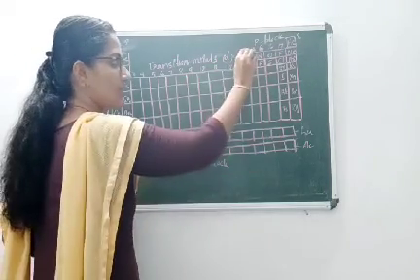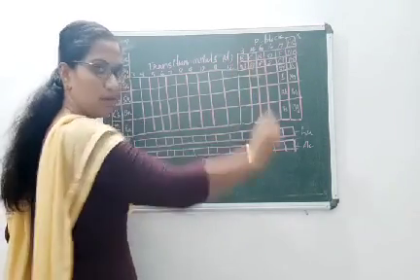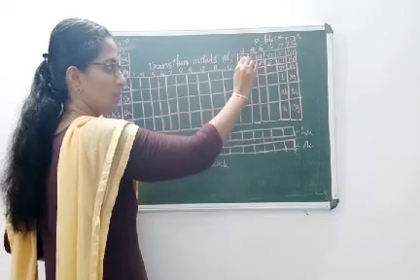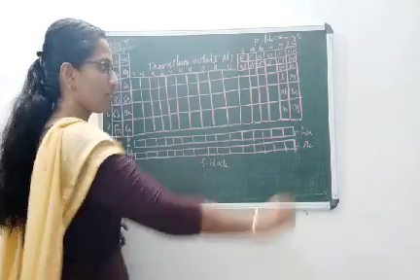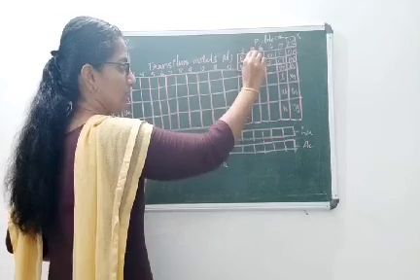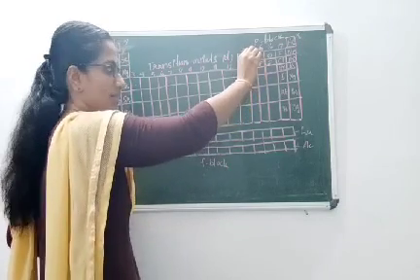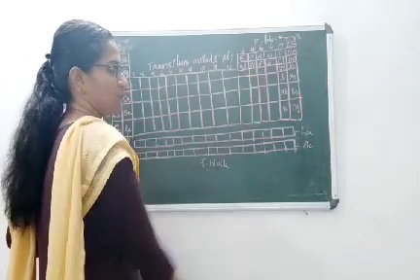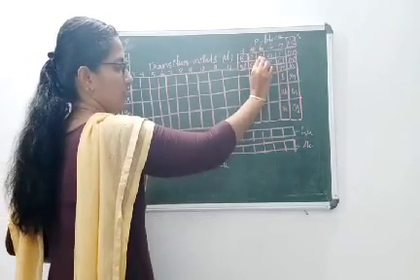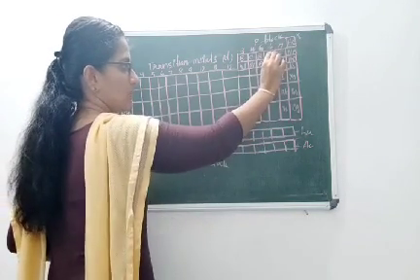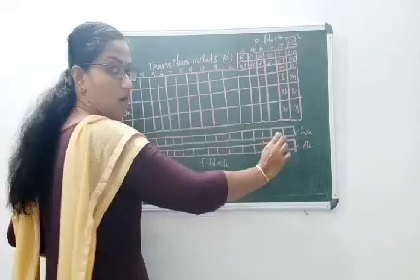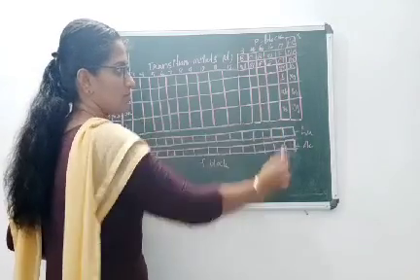The 13th group, whose first member is boron, is known as the boron family. Carbon comes first in the next group, so it is known as the carbon family. Nitrogen is at the top of the following group, known as the nitrogen family. In the 16th group, oxygen comes first, so it is known as the oxygen family.